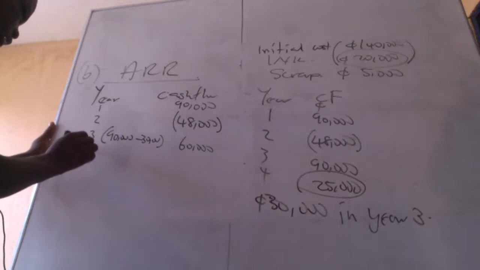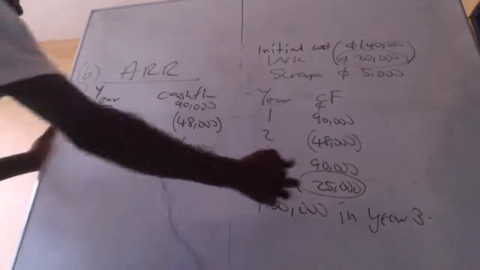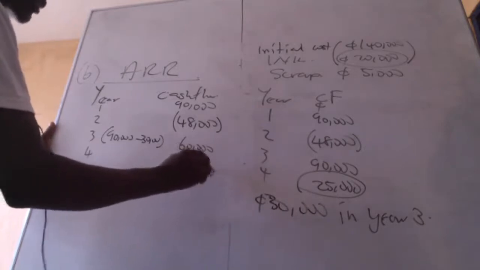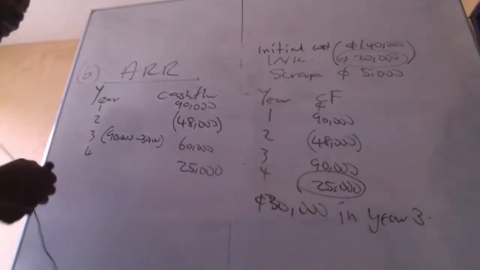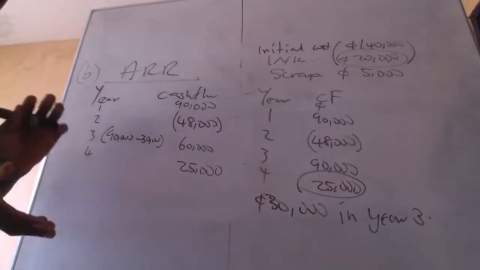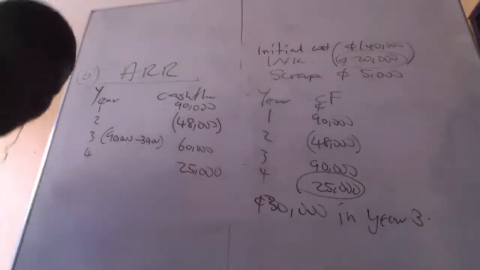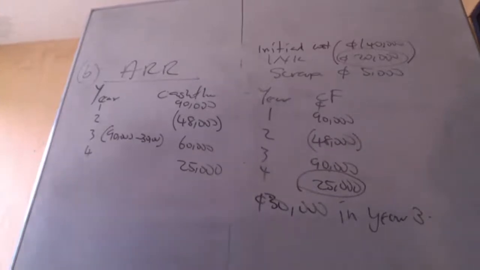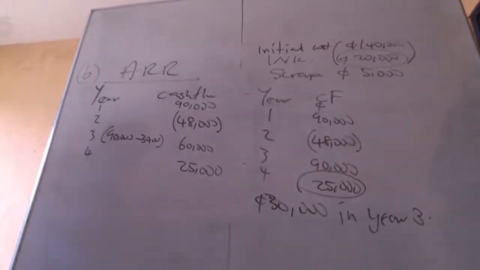Year 4 is 25,000. Here we want profit too. So take note how we have been manipulating the figures. The scrap value, the 35,000, was the initial, not the amended. Good.